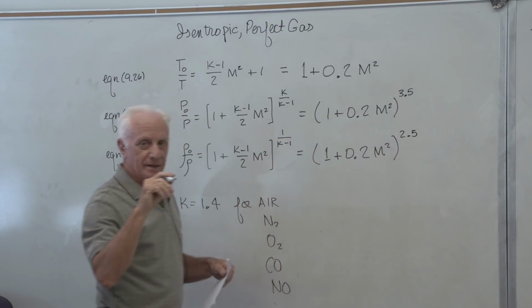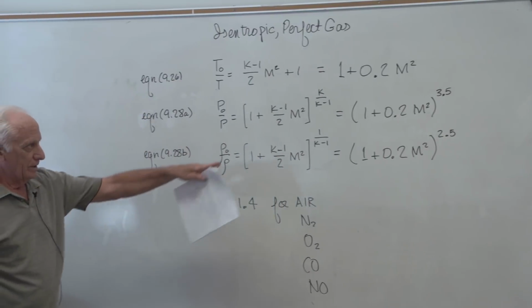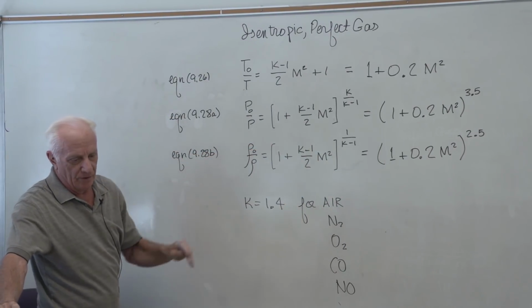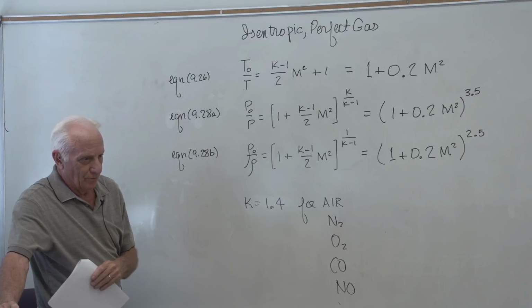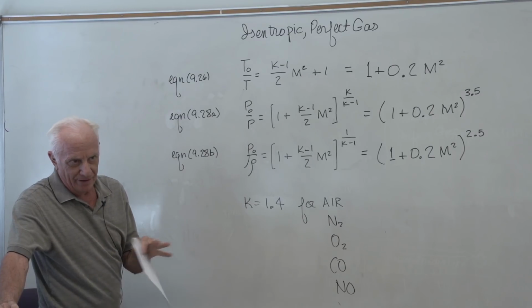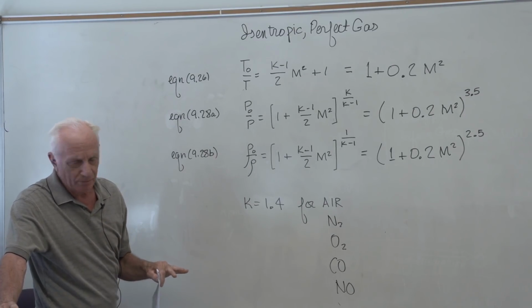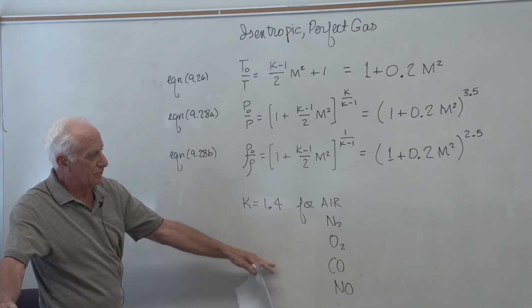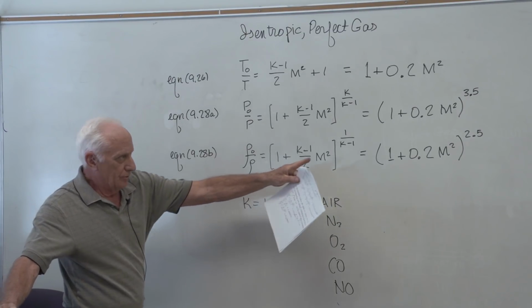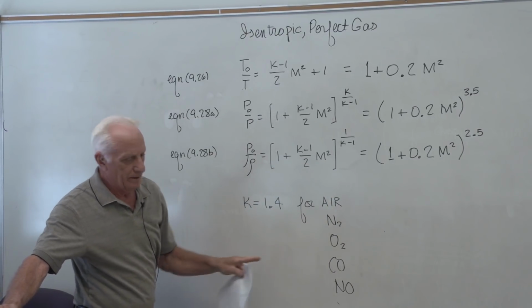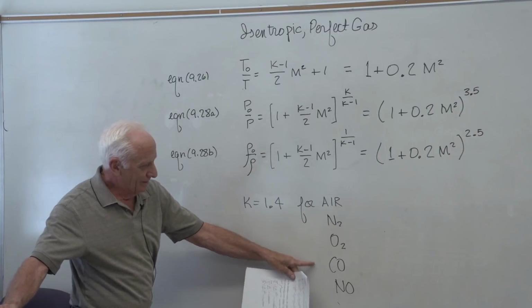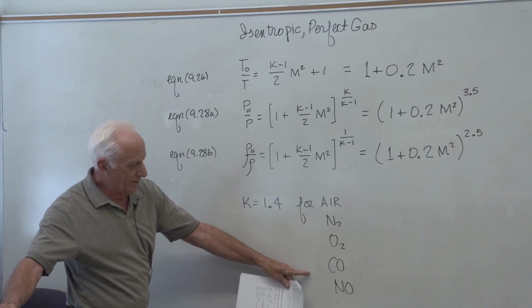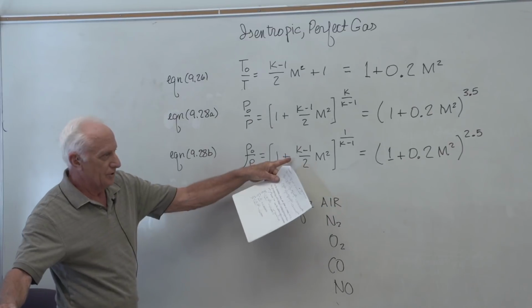So if you've got a gas with K of 1.4, you can use those last set of equations. We'll be dealing mostly with air in this introductory type course, but it could be any of these gases with a K of 1.4. You can use those equations for any of these gases. If it's not one of these gases, okay, helium, carbon dioxide, then use this one.